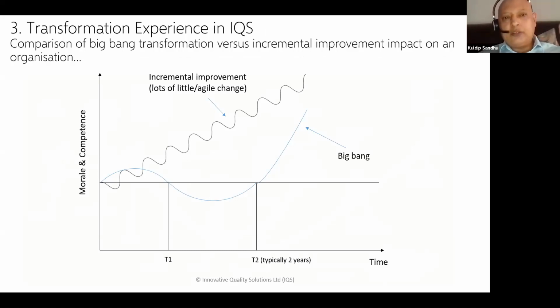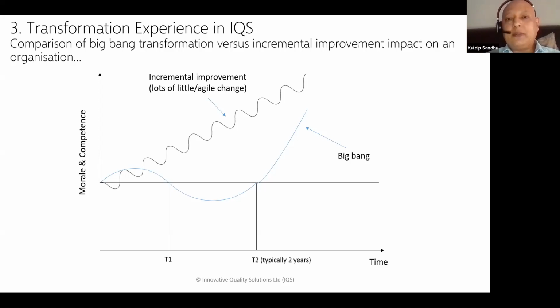Morale initially goes up, some level of competency goes up, but then people start realizing the magnitude of the change, and they can end up in this trough. And because the tenure of the CIO or IT lead is only a couple of years, it's very difficult to come out of that unless you've got the project controls and management in place to bring about the increase in morale.